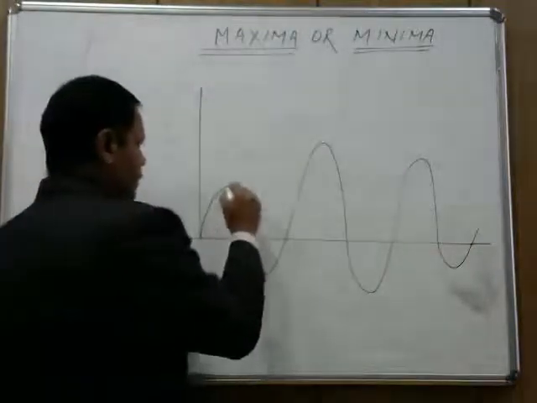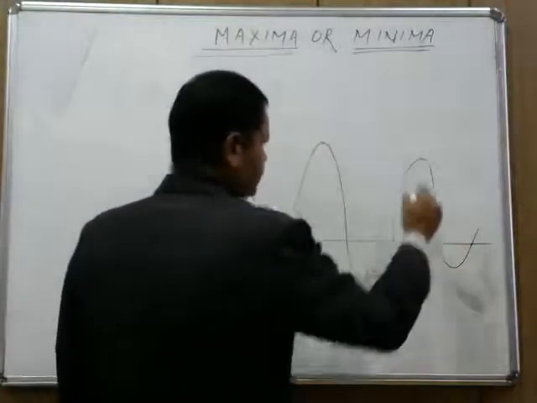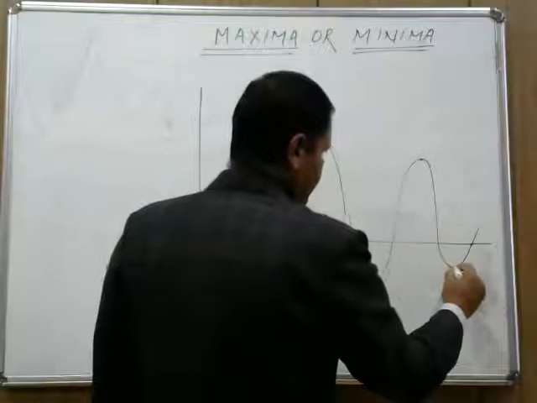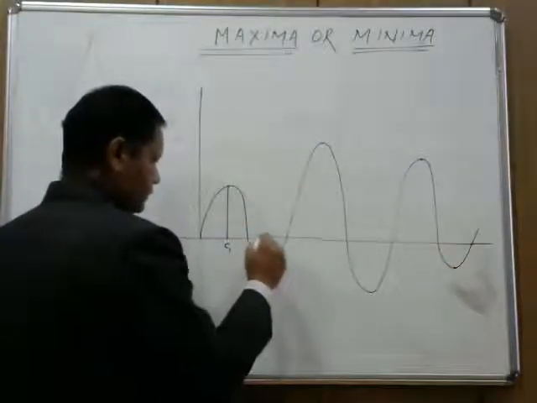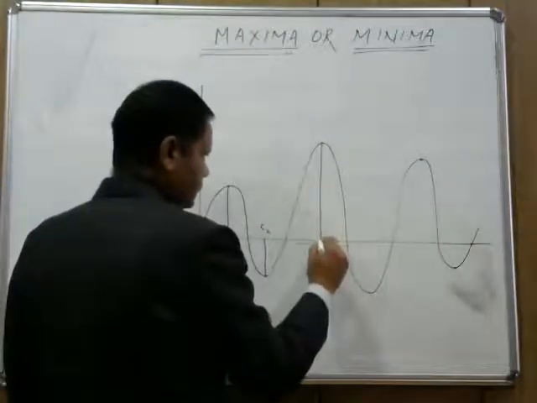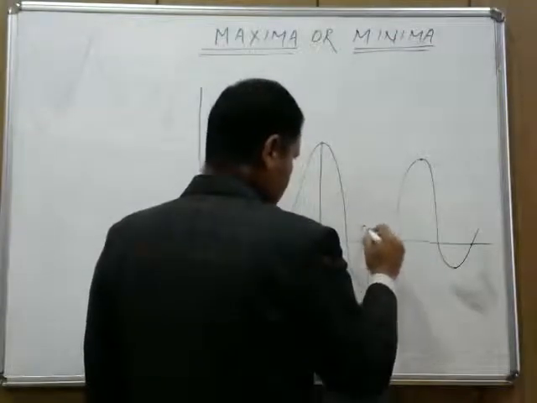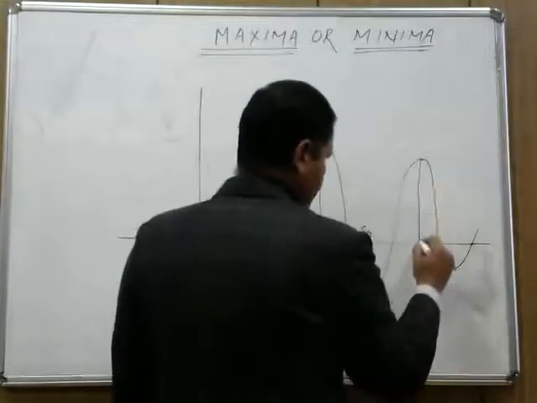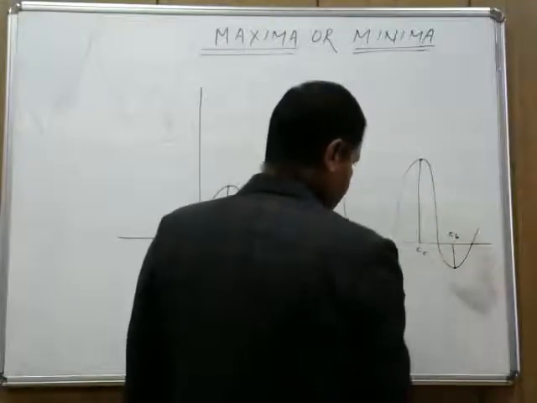There are many points in this graph where, suppose this point is C1, this one is C2, C3, C4, C5, C6.